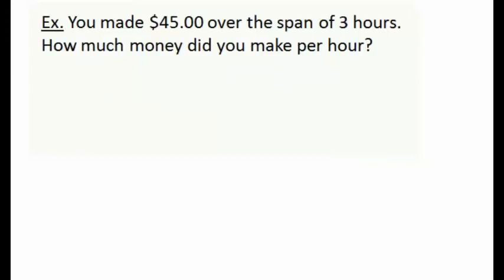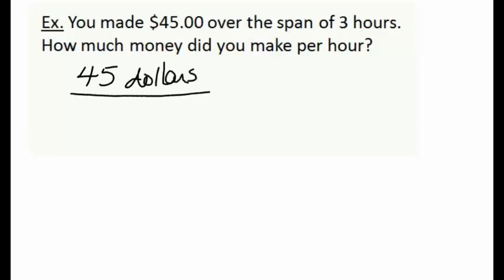A really common question we might want to ask about unit rates regards money. So let's pretend we've made $45 over the span of 3 hours, and we're interested in how much money we made per hour. Well, the idea here is that we've made $45 per 3 hours. So we can think of this as a fraction, that's okay.